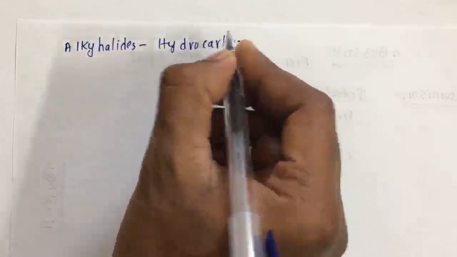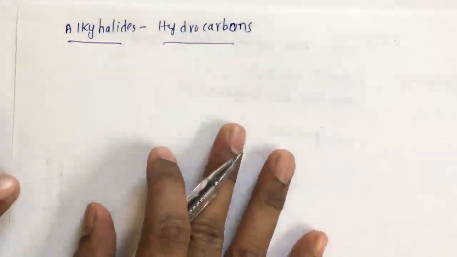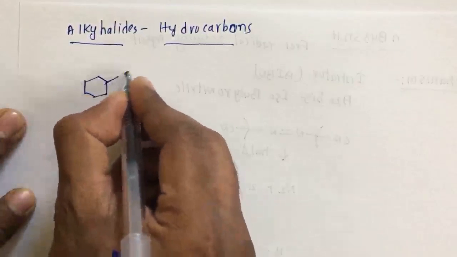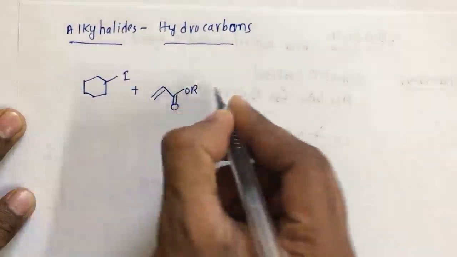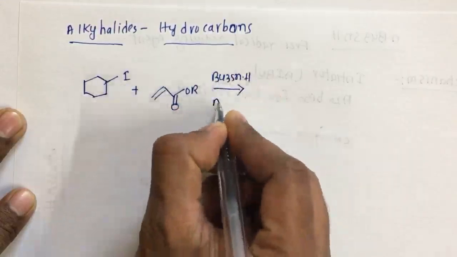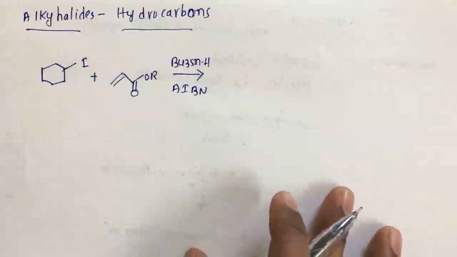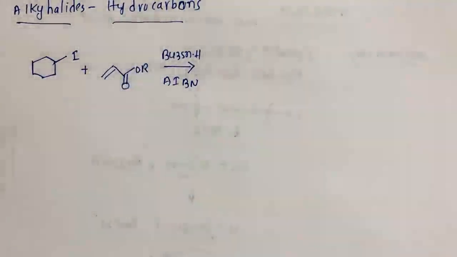Here we have one example, iodine plus, and in this reaction what could be the product? Here we can go through the mechanism. Initially n-butyl stannous hydride abstracts this iodine.